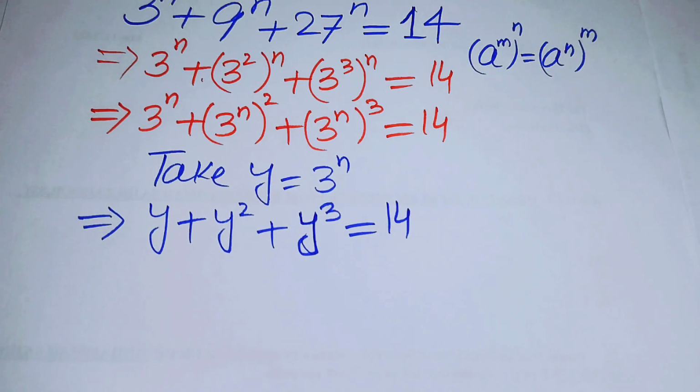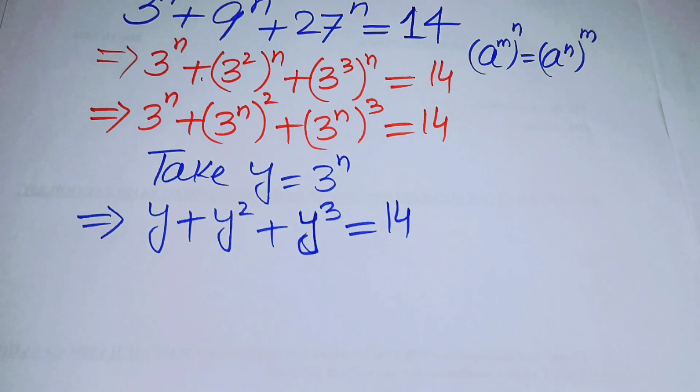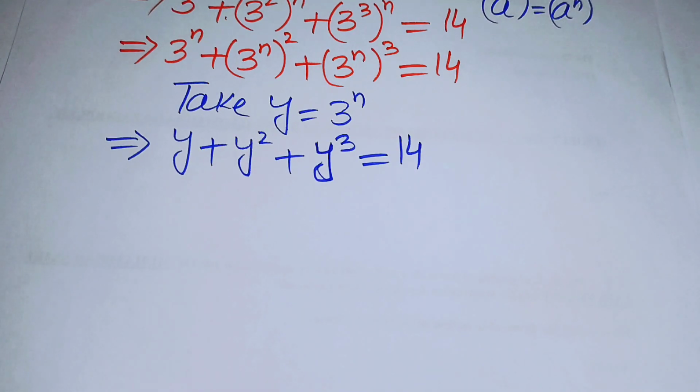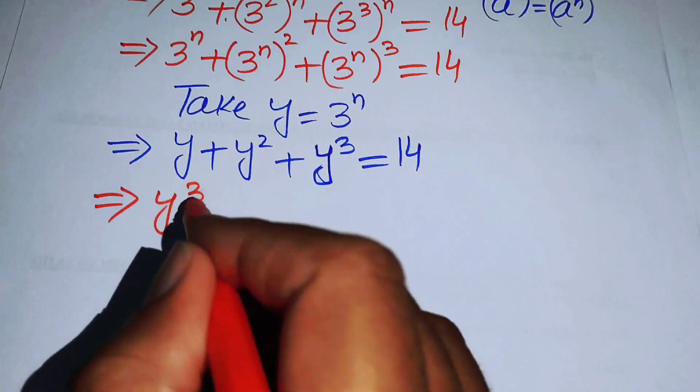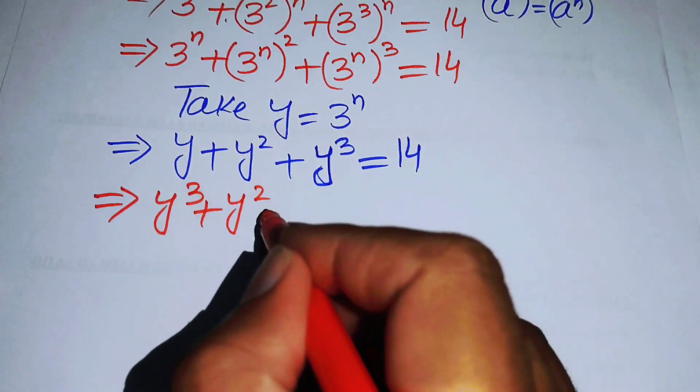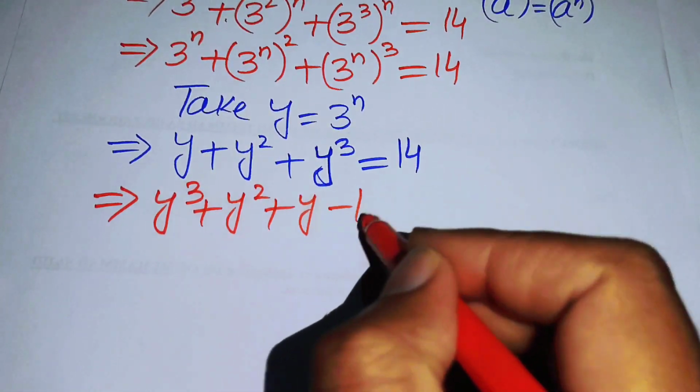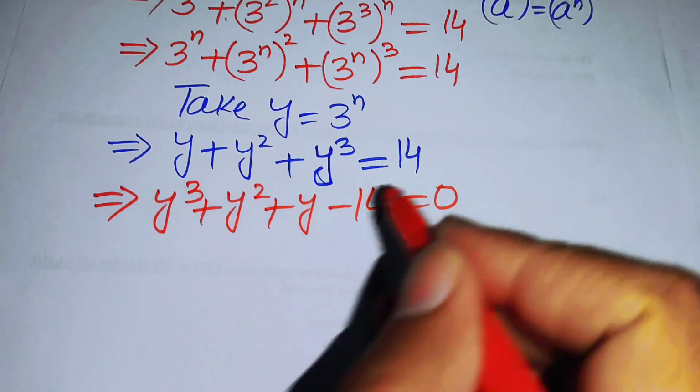Now you can see this equation becomes a cubic form. First I can rearrange these terms, and we will write it as y cubed plus y squared plus y minus 14 is equal to 0.